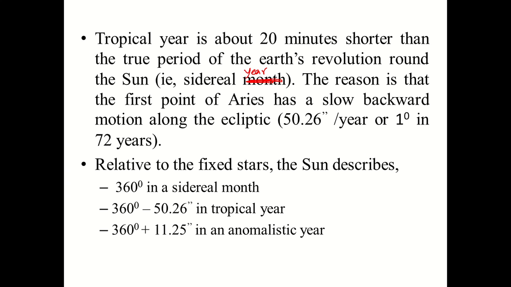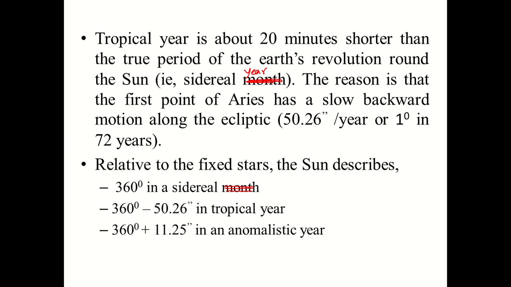Now if we consider the actual period of revolution of Earth around the sun, relative to the fixed stars, the sun describes 360 degrees in a sidereal year.